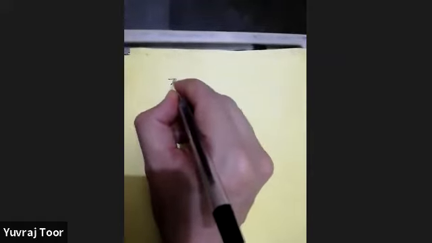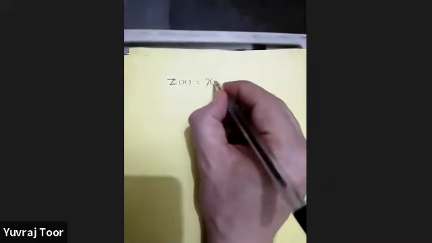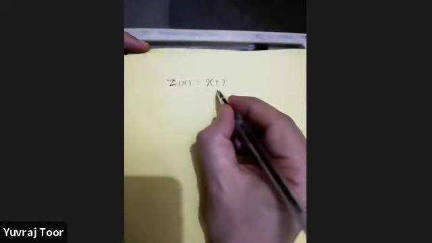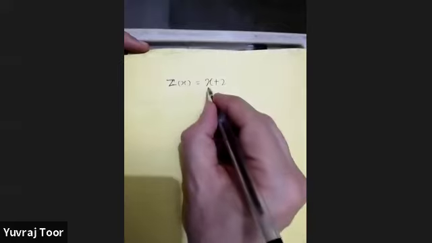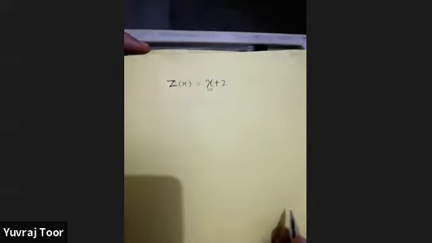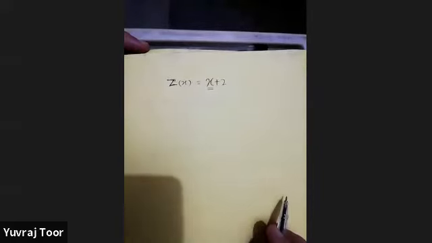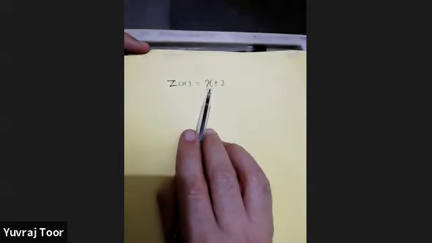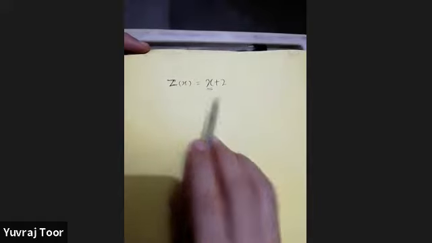Illustration to explain the zero of the polynomial. Say p(x) is x plus 2. Yes, it is a polynomial. By hit and trial, we have to look for a value which can result into 0.